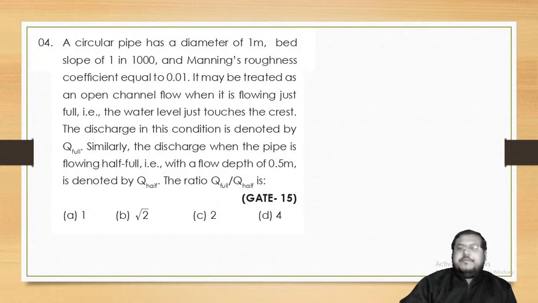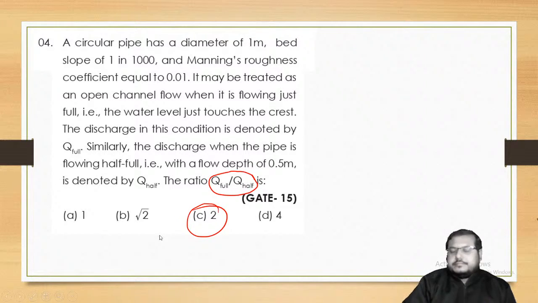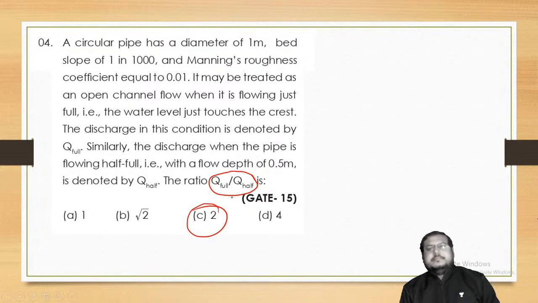So many things are given. Finally, they are asking what is Q full by Q half. The job is done. It's 2. Q half by Q full will be half, so Q full by Q half is 2. See how strong the tool is.